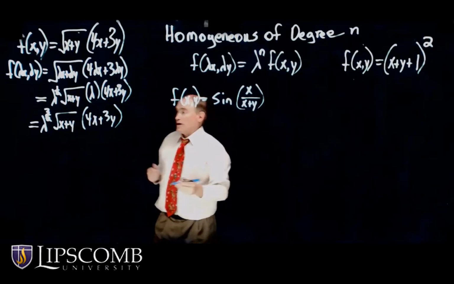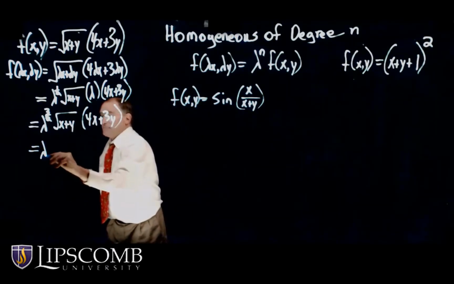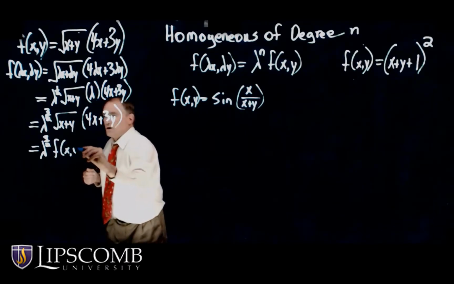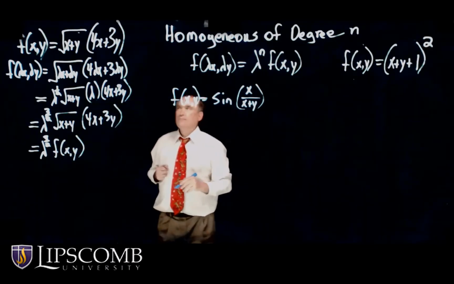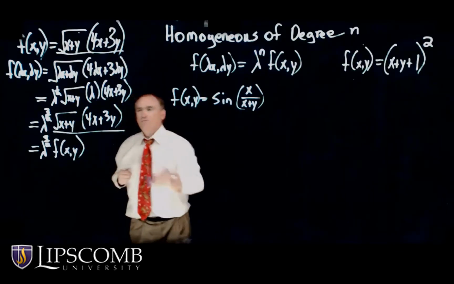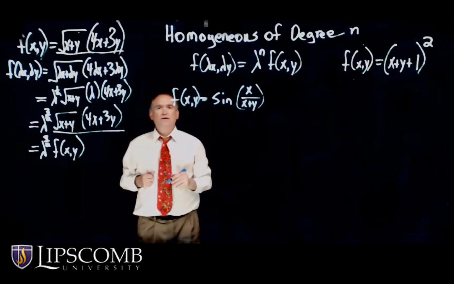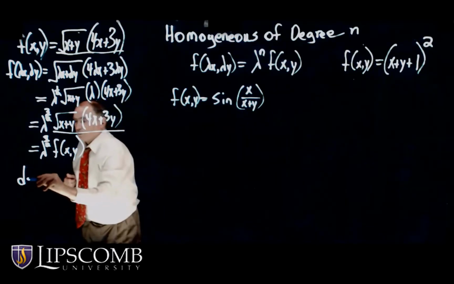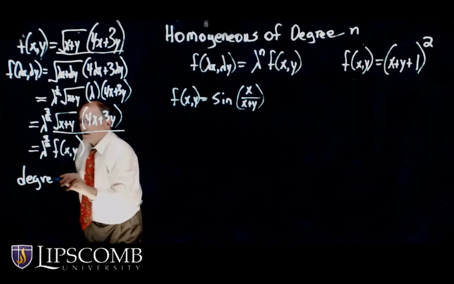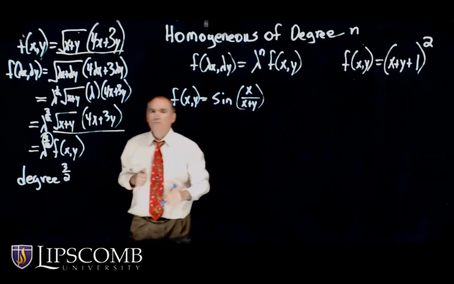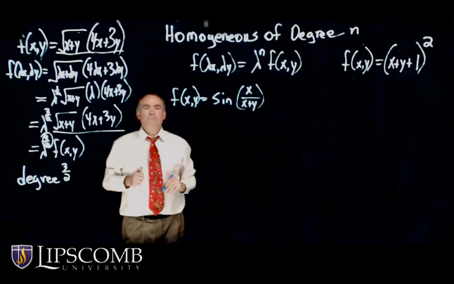This is lambda to the 3/2 times f(x, y), because this is the original function, what I have underlined. So this is homogeneous of degree 3/2, because of that 3/2 right there.